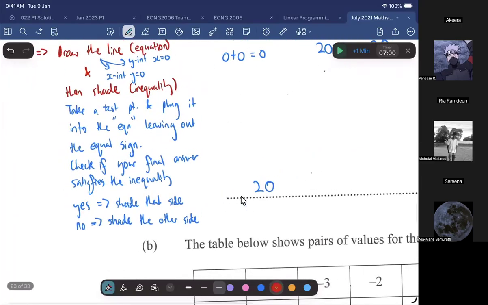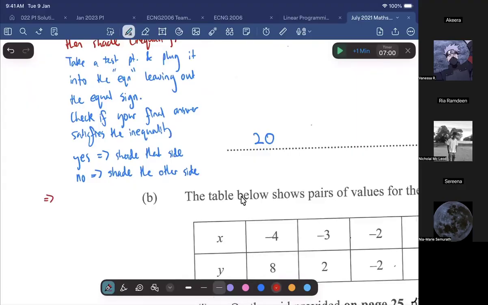And what they will ask you to do is shade the common region. This is the next kind of question they could ask. When I say common region, I'm looking for the region where what? Where each point passes through.